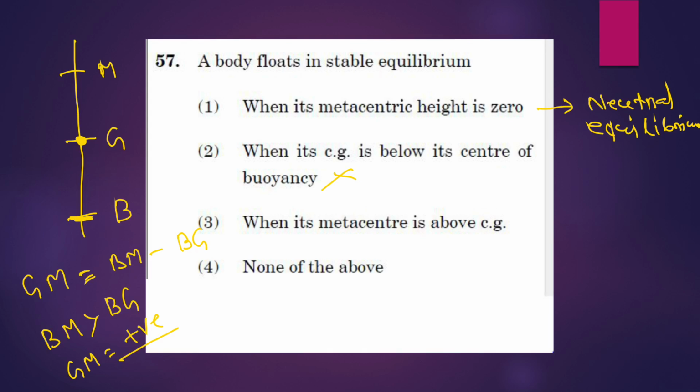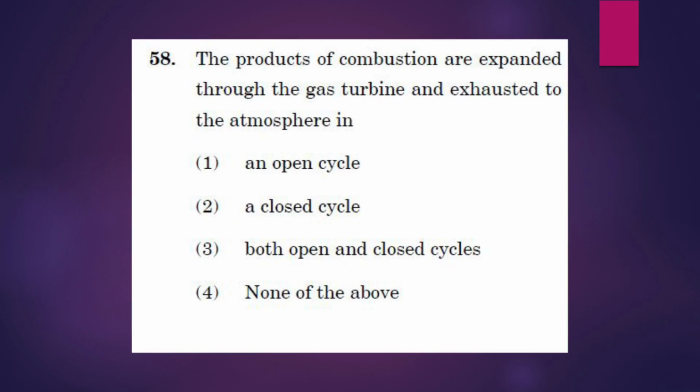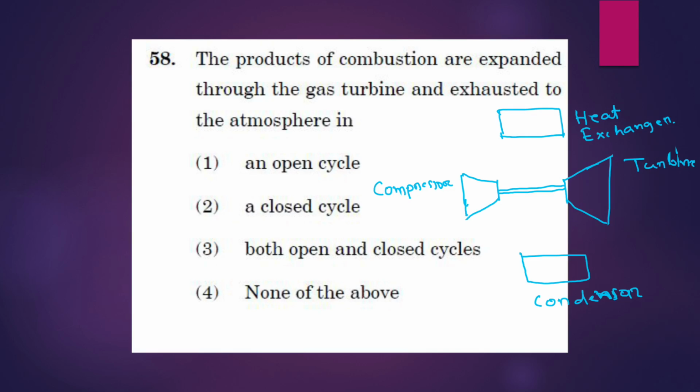The products of combustion are expanded through the gas turbine and exhausted to the atmosphere in an open cycle gas turbine. In a closed cycle gas turbine, first you have to compress the fluid. Then in a heat exchanger you heat it. Then the heated fluid expands through the turbine and you get electrical energy.